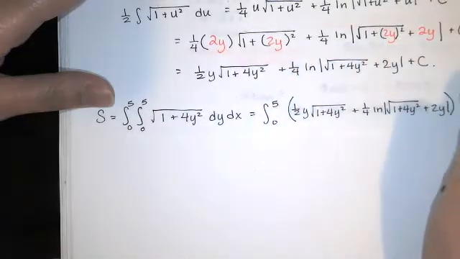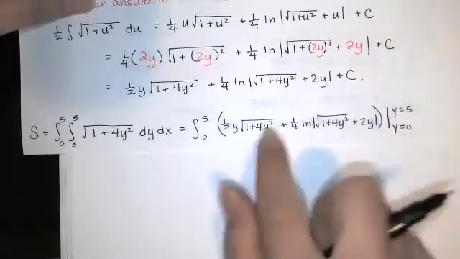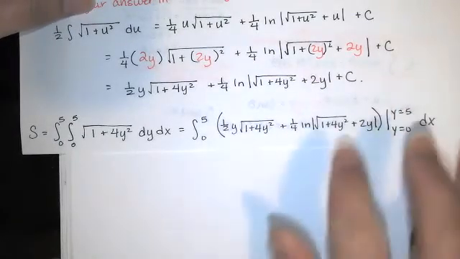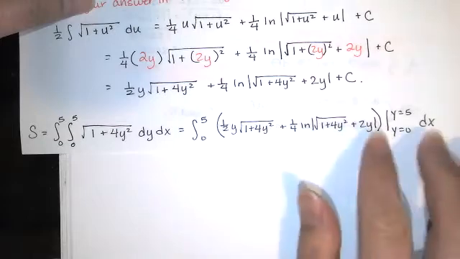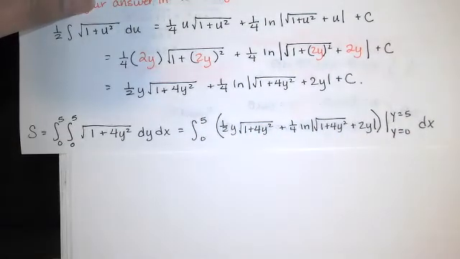You want to evaluate all of this from y equals 0 to y equals 5. Plug in 5, plug in 0, and subtract by the fundamental theorem. And then whatever the answer is, you anti-differentiate with respect to x, and then plug in 0 and 5 to finish the problem.